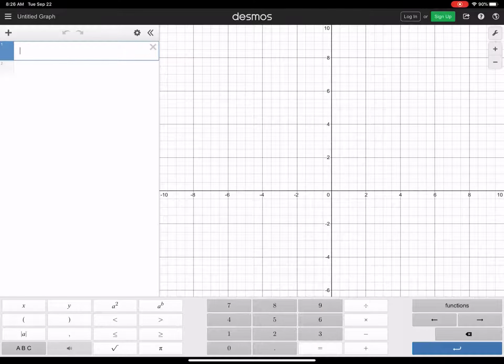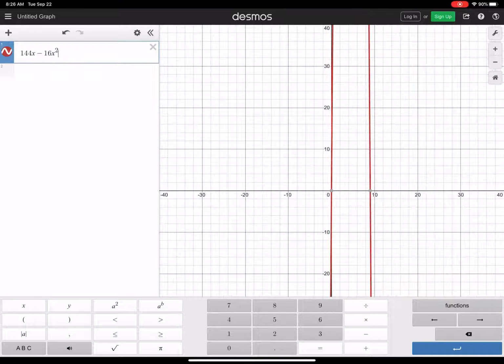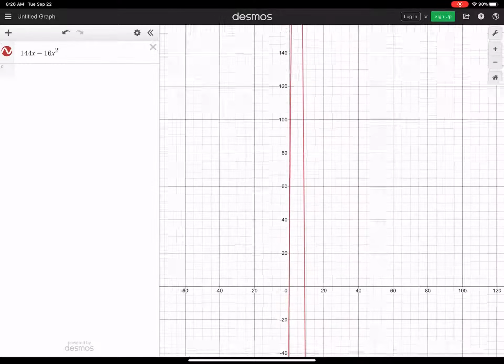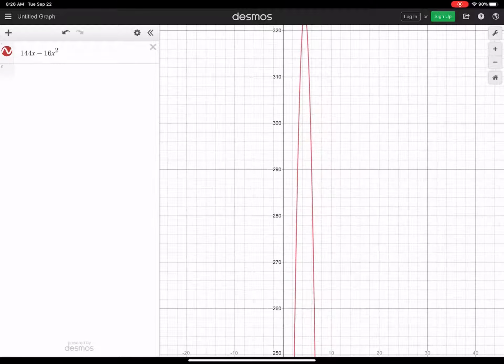Okay, so our equation is 144, and like I said, you just want to use x, minus 16x squared. Okay, so let's zoom out just a little bit so we can see our parabola. Okay, so here's our parabola.